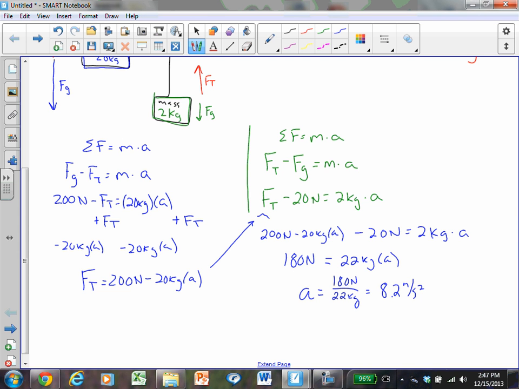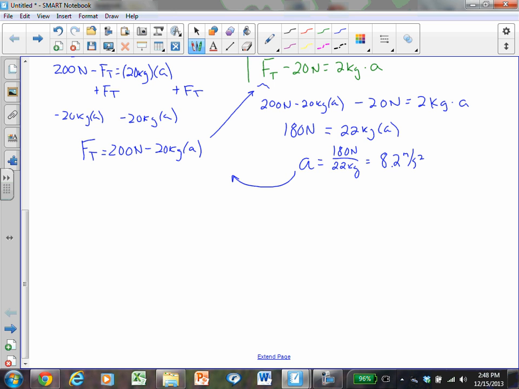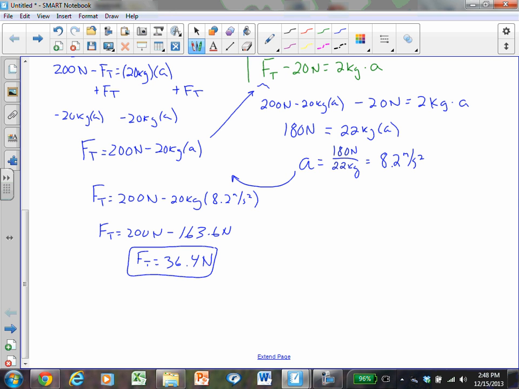Now once you have the a, you could bring it in over here, plug it in, so Ft equals 200 newtons minus 20 kilograms times 8.2 meters per second squared. 200 newtons minus 163.6 newtons, and the tension in the string comes out to be 36.4 newtons.